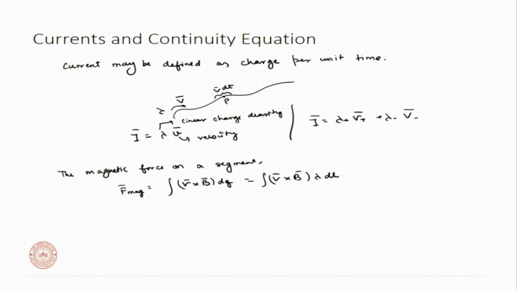Okay. So, over this, lambda dl is what we use to find out how much charge is there, and this charge is affected by the velocity v and a magnetic field, B vector, that is being induced.